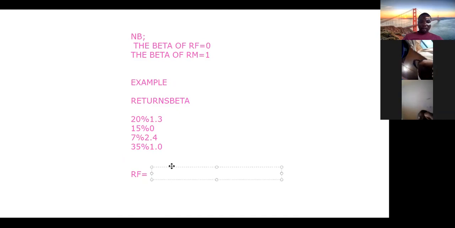And then RM is equal to what? Do you understand what I mean? Now, I say you should take note. The beta of RF is always equal to 0. The beta of RM is always equal to 1.